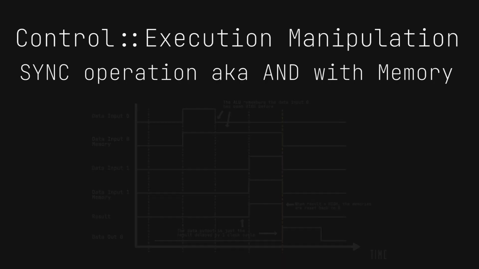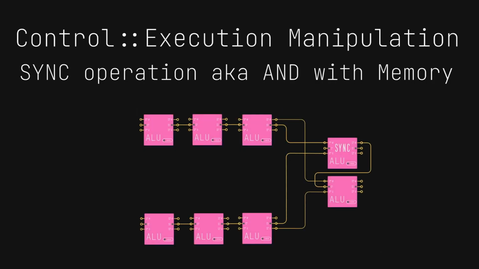To understand this operation, imagine we have two distinct paths of calculations which are merging at some point. We need the data from both of these paths. We can't just continuously run the merging path, since it might have side effects. We need to execute it only after both inputs are available.